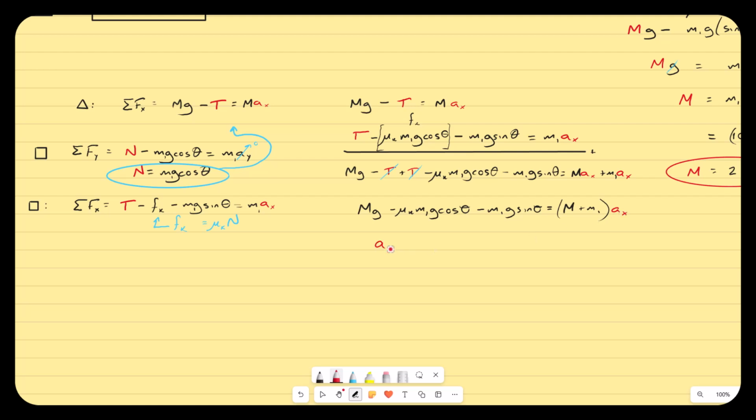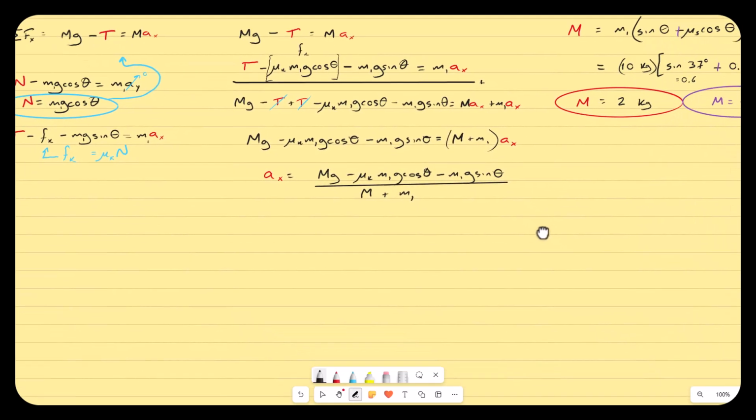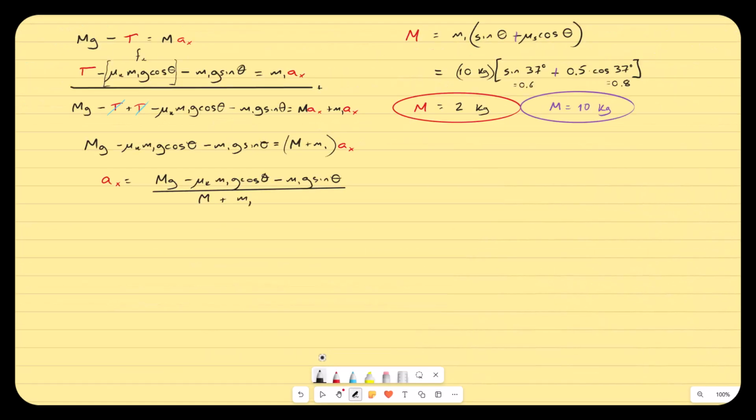So A is all that divided by m plus m1. Then I can just plug in some values. I'm going to move this up. Okay, I'm going to write down these values nearby because I find myself kind of going back and forth anyway.